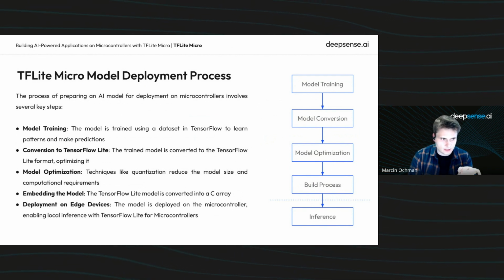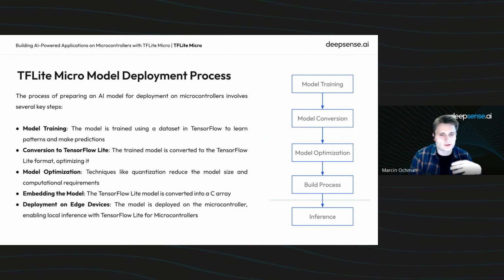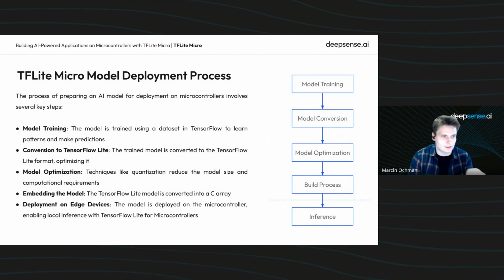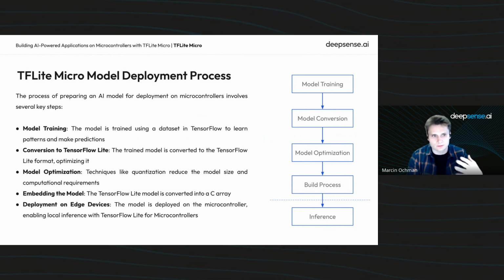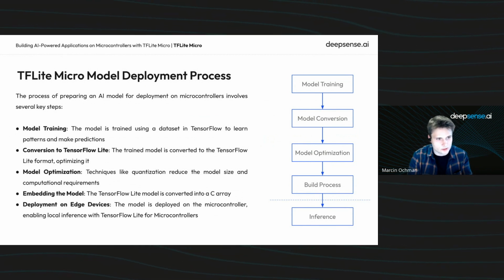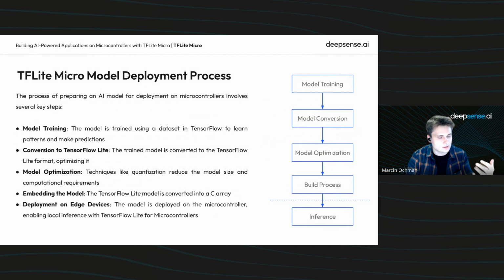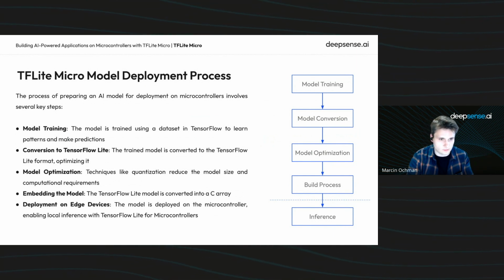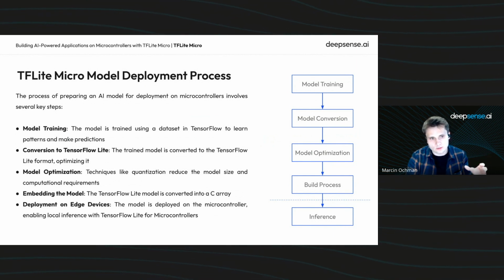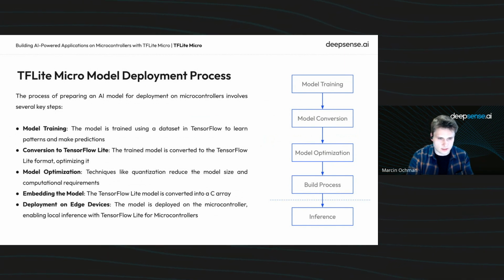This involves feeding a dataset into a neural network, allowing it to learn patterns and generate accurate predictions. And once the model is trained, it is converted into TensorFlow Lite format, which optimizes it for resource constrained environments by doing two things: reducing the size of the model and optimizing it in terms of performance.